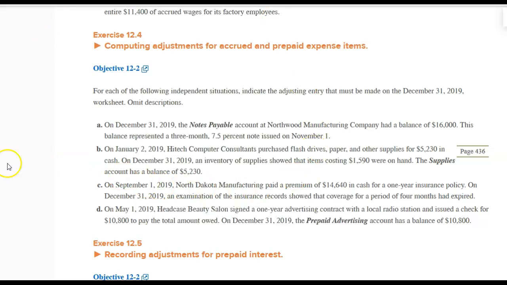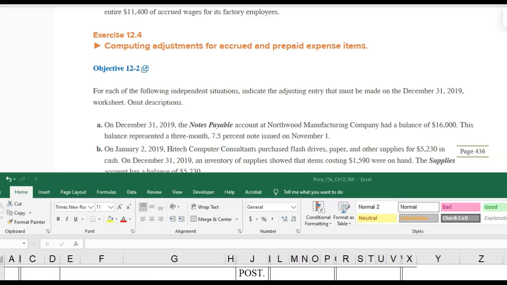Okay, so let me do the math, and let me pause it so I don't waste your time. Let's look at the 16,000. The interest on that note for a whole year would be $1,200. In this case, this is a 3-month note, so for 3 months, $1,200 divided by 3 is $100 a month.